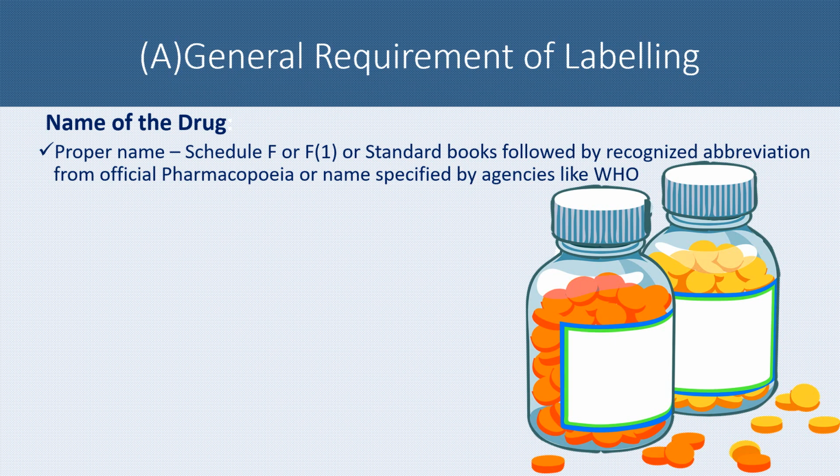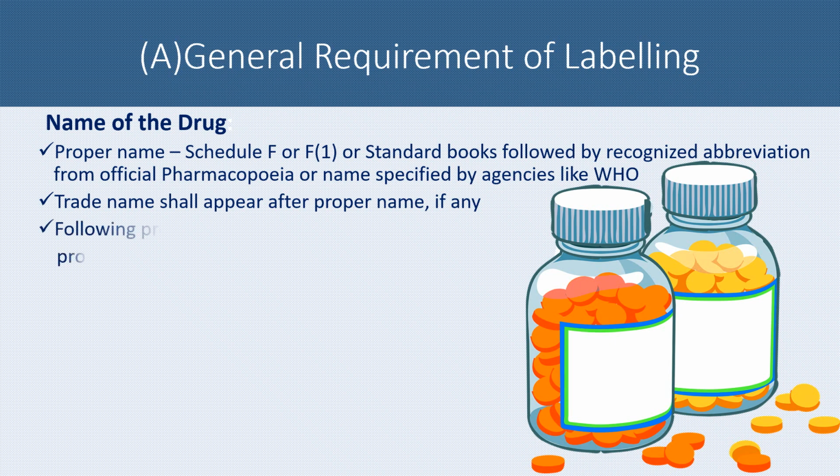Example, IP, BP, meaning Indian Pharmacopoeia, British Pharmacopoeia, likewise, or a name specified by an agency like WHO. Then the trade name shall appear after the proper name, if any. Okay, if there is any trade name, then it should appear below the proper name.